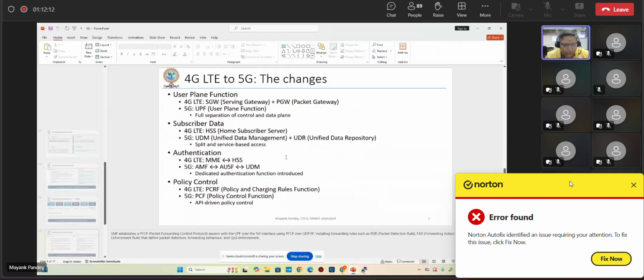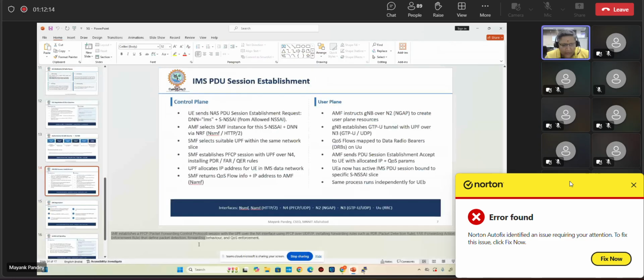I've written this in the notes. I'm highlighting this. What SMF does: SMF establishes a PFCP, Packet Forwarding Control Protocol, session with the UPF over the N4 interface using PFCP over UDP/IP, installing forwarding rules such as PDR, packet detection rule, that this is for this UPF, for this particular UE; FAR, forwarding action rule, what the UPF should do with this packet; and QER, QoS enforcement rule, what level of QoS to enforce.